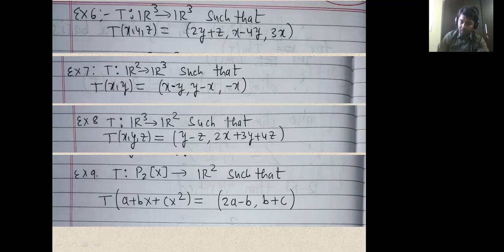So now what we got: nullity as 1, rank as 2, and the domain is R3. What is the dimension of R3? The dimension of R3 is 3. Therefore we have 3 is equal to 1 plus 2.